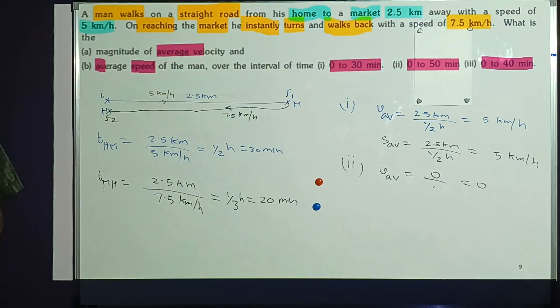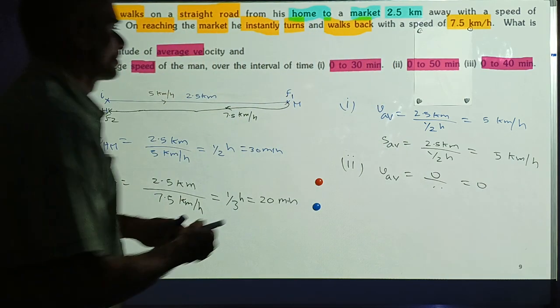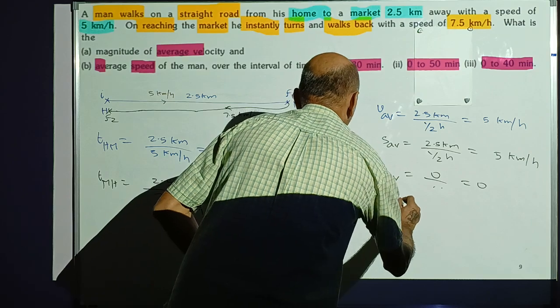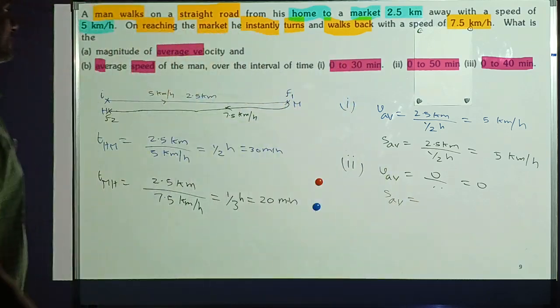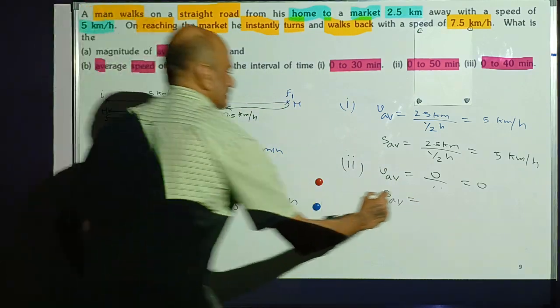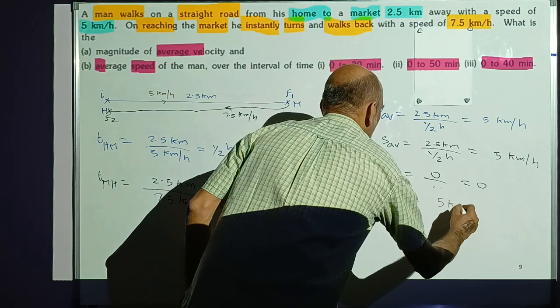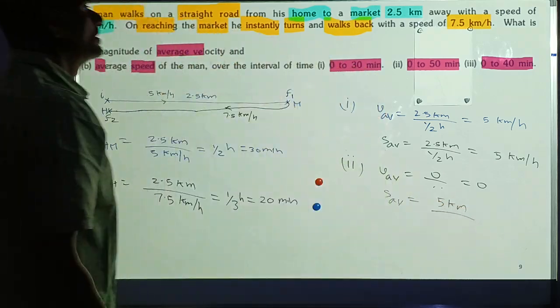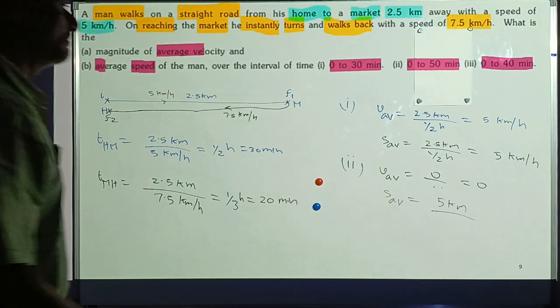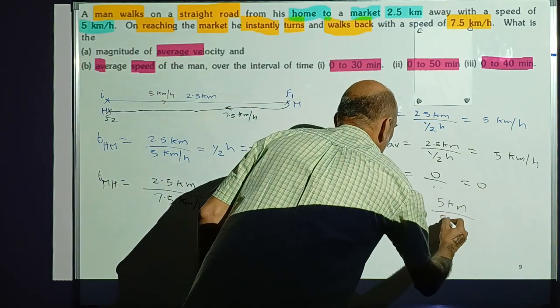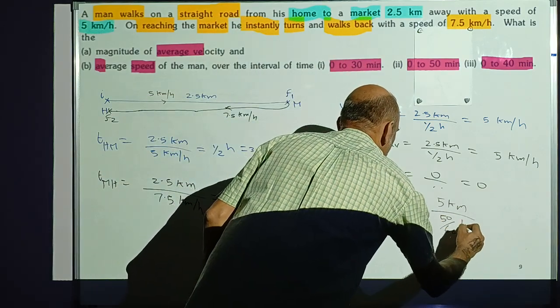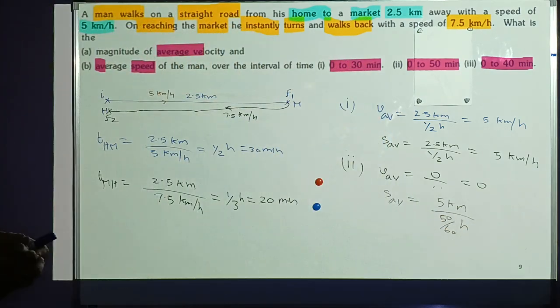But average speed is the distance traveled, that's 2.5 plus 2.5, 5 kilometers, and the time is 50 minutes. In terms of hours, it will be 50 by 60 hours, because 60 minutes is 1 hour.